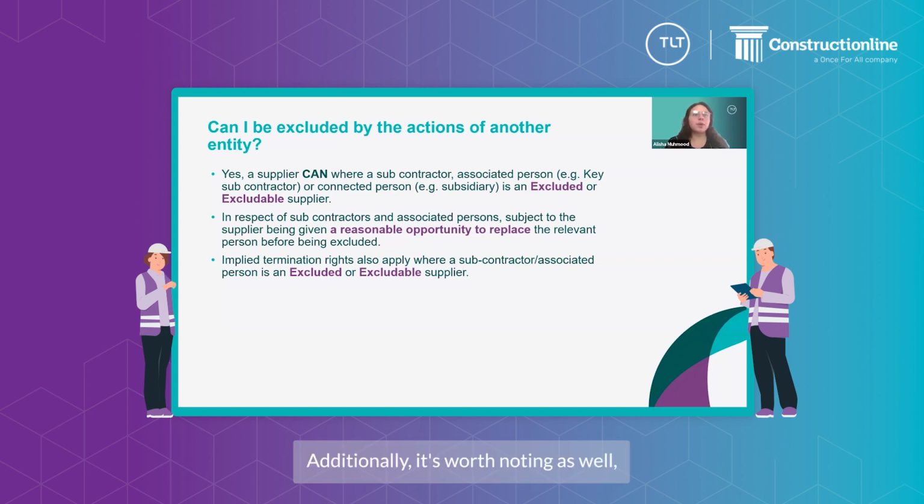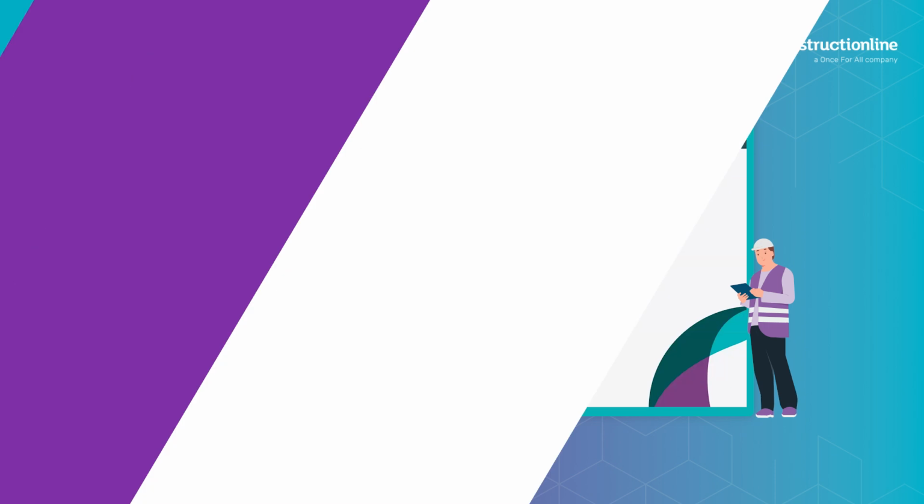Additionally, providing a lack of information about a subcontractor may lead to you being excluded from the tender process as well. So it's really important that you are aware of any circumstances which may affect your subcontractors or associated or connected persons, and also that you're able to provide sufficient information to the authority where they request this.